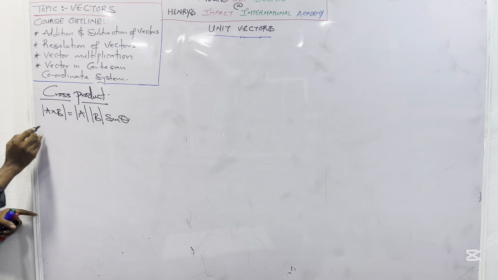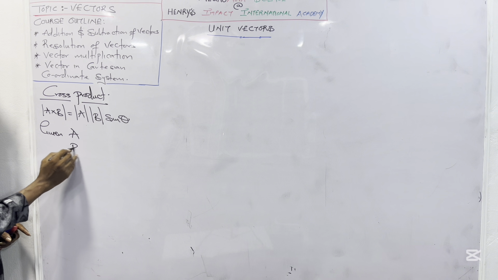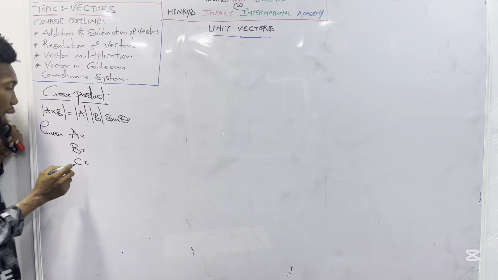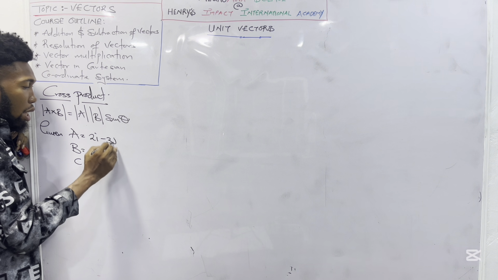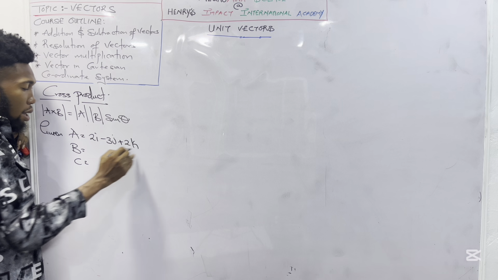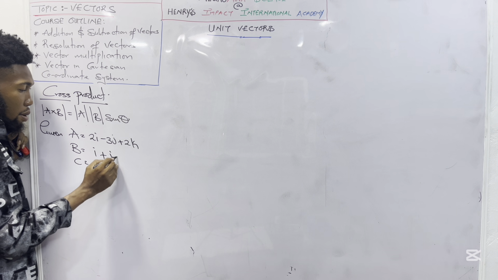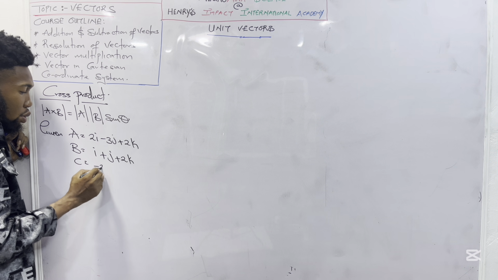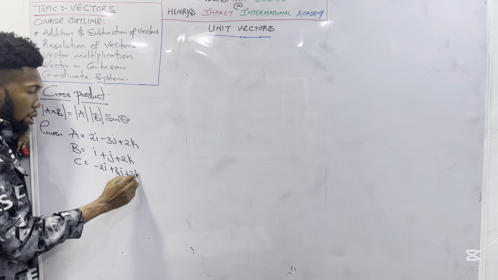Let's take for instance, given the vectors A, B, and C. Vector A is 2i minus 3j plus 2k, vector B is i plus j plus 2k, and another vector C is minus 2i plus 3j plus 3k.